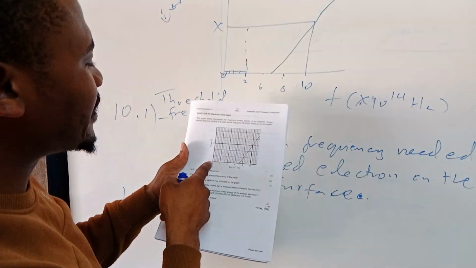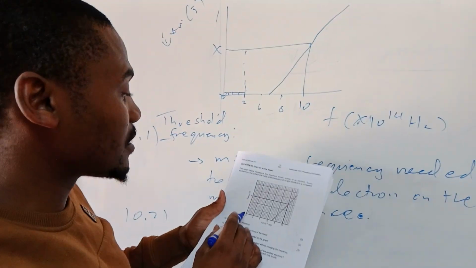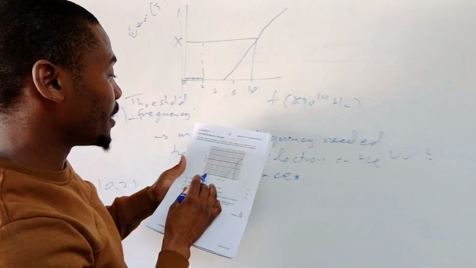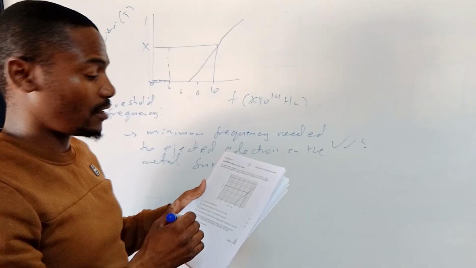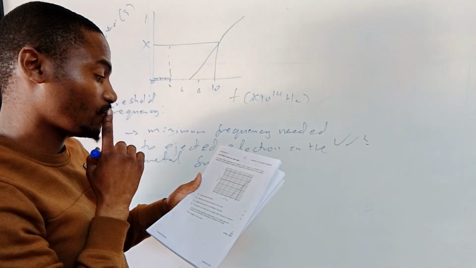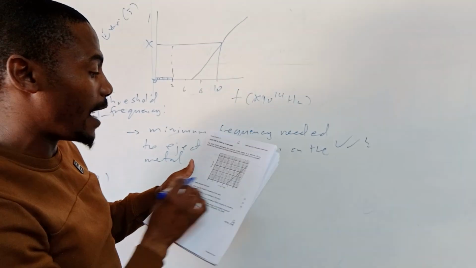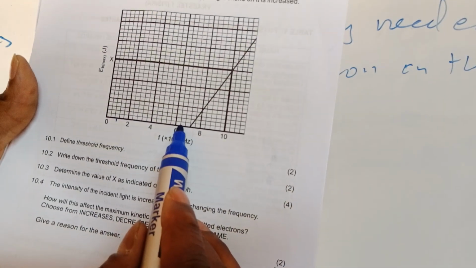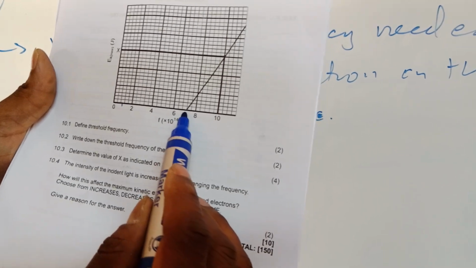Each square is divided in half, so 5 squares is 10. In the middle, in 2.5, there we have number 1. Here we have 6.1, 6.2, 6.3, 6.4, and we have 7 here.